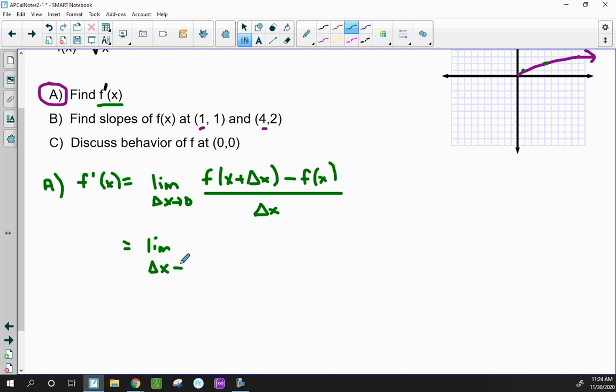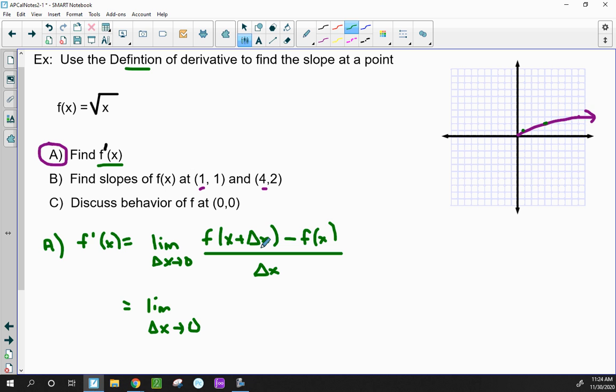Just hang in there. Alright, we are going to take x plus delta x and substitute it in here. So we need to evaluate f of x plus delta x, and then we need to subtract off f of x. Alright, let's focus on this one first.